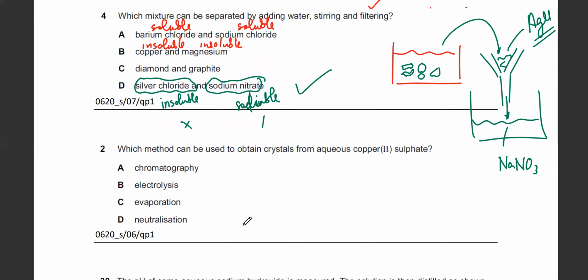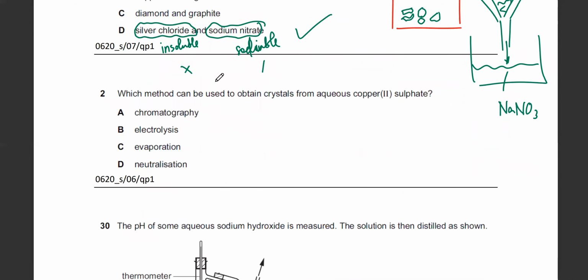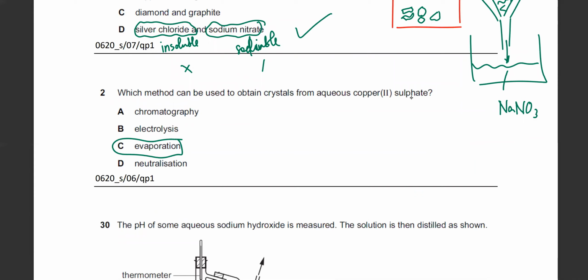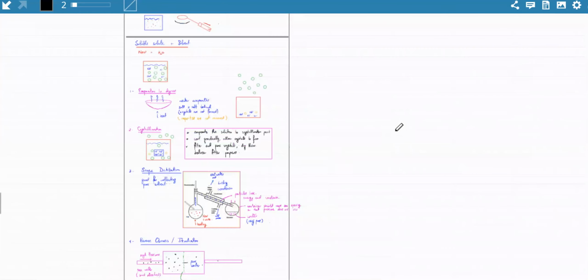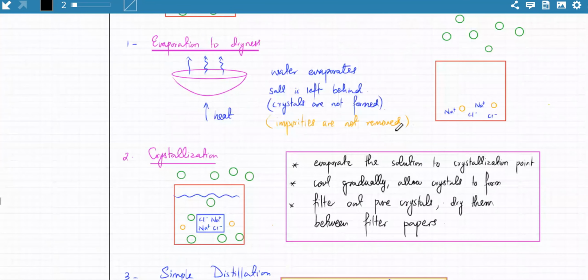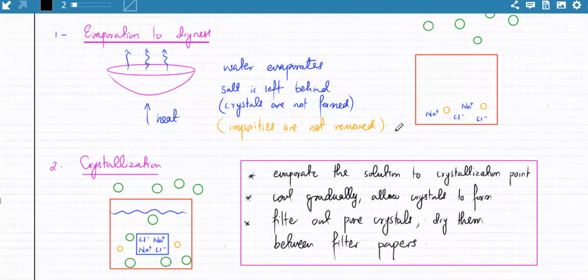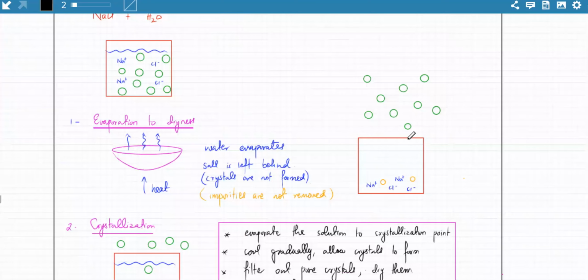The next one is: which method can be used to obtain crystals from aqueous copper sulfate? That's basically evaporation. We did crystallization. How do you form crystals? I told you there were two ways to evaporate. One was you simply evaporate everything to dryness, and the problem with that was that all the water molecules would leave very quickly, and the particles would not get enough time to form crystals.